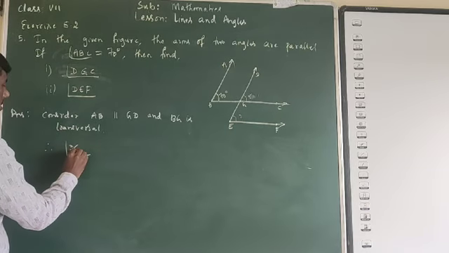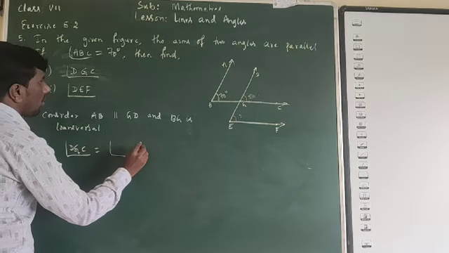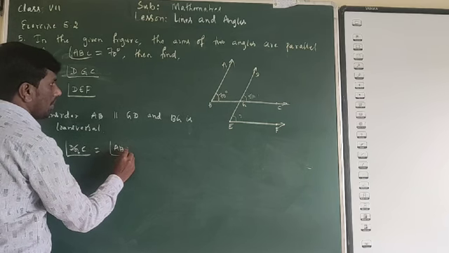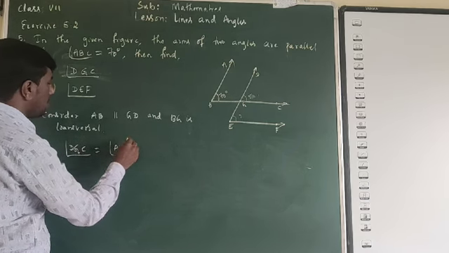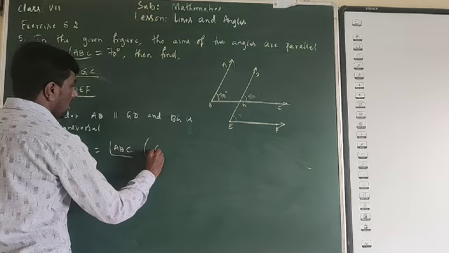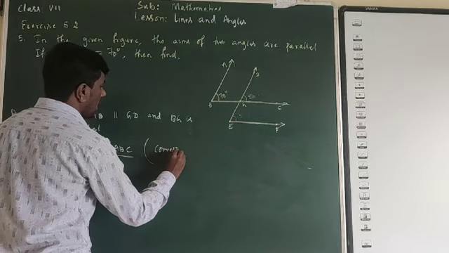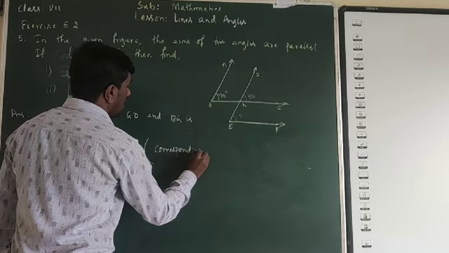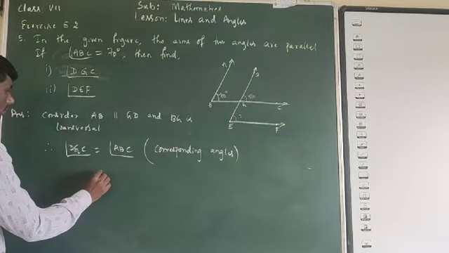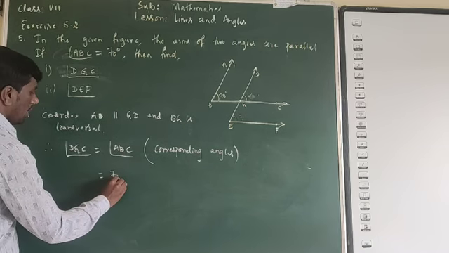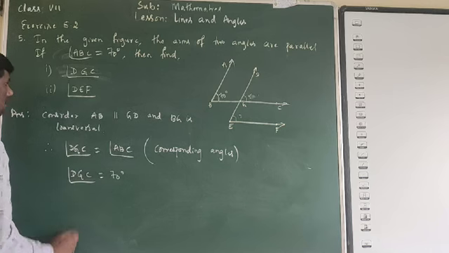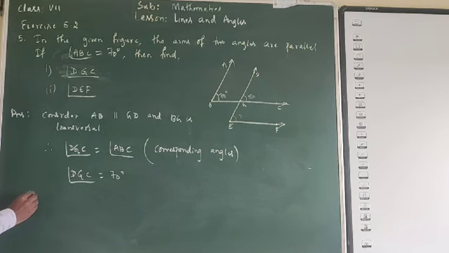They are given that DCG is equal to ABC or ABG, both are the same. DCG is equal to ABC because those are corresponding angles. So therefore ABC is 70 degrees. So therefore BDC is also 70 degrees. First step.